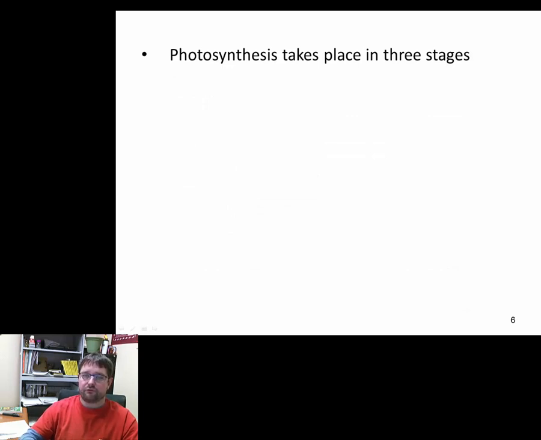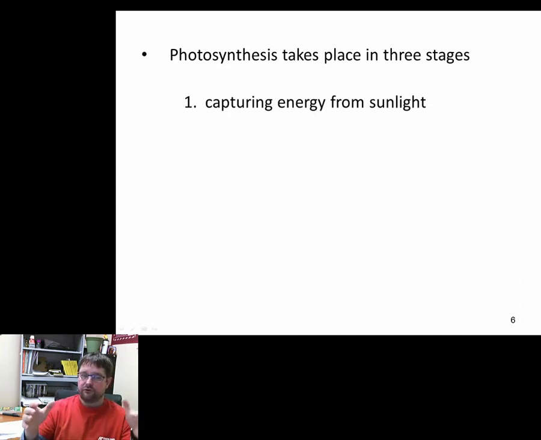Now, photosynthesis itself takes place in three main stages. The first stage is what I just explained: photons being captured by this antenna complex.